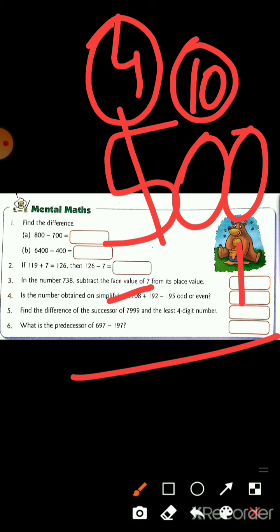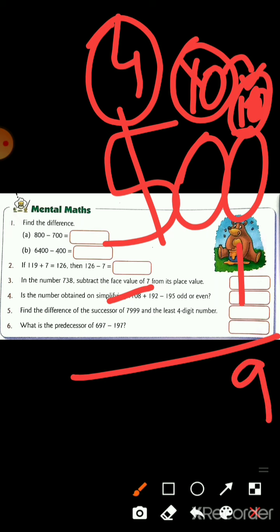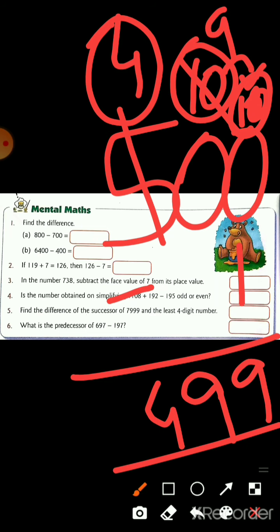So again we have to borrow here. 10 minus 1 is 9, here also 9, and here 4. So it becomes 499. Predecessor, by subtracting 1 you can get the predecessor of any number. Successor you can get by adding 1 to that number.